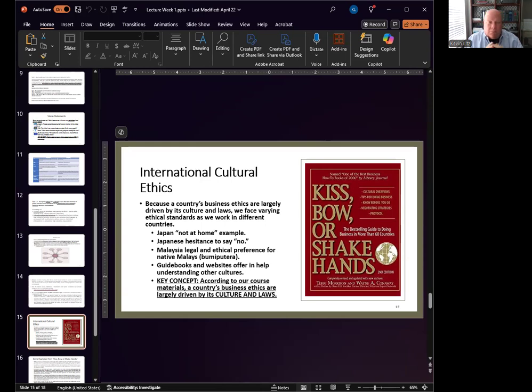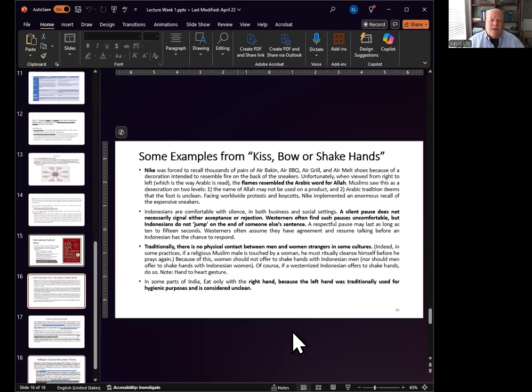In Malaysia, there's actually a constitutional legal preference for native Malays in business. And like I said, they have protections. So the key is that you really need to study local culture and not be ethnocentric, but put that culture's hat on when you go into that country.